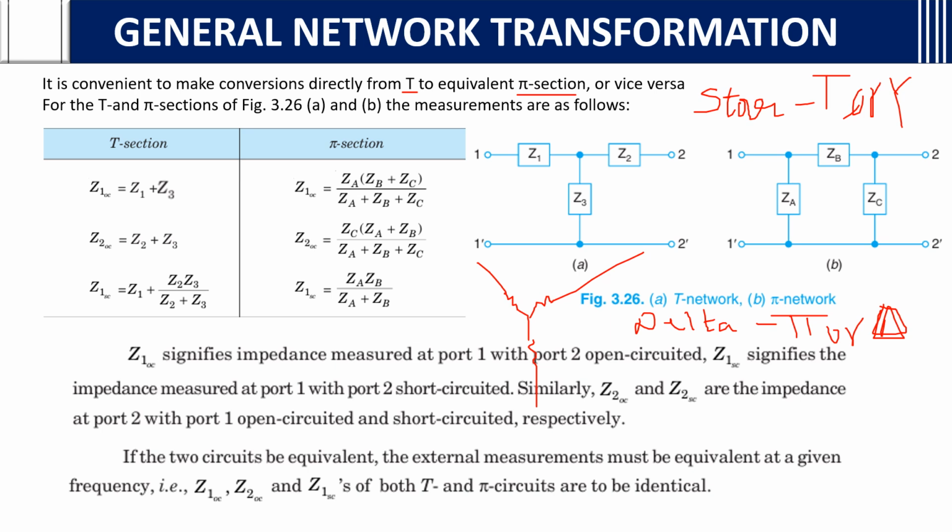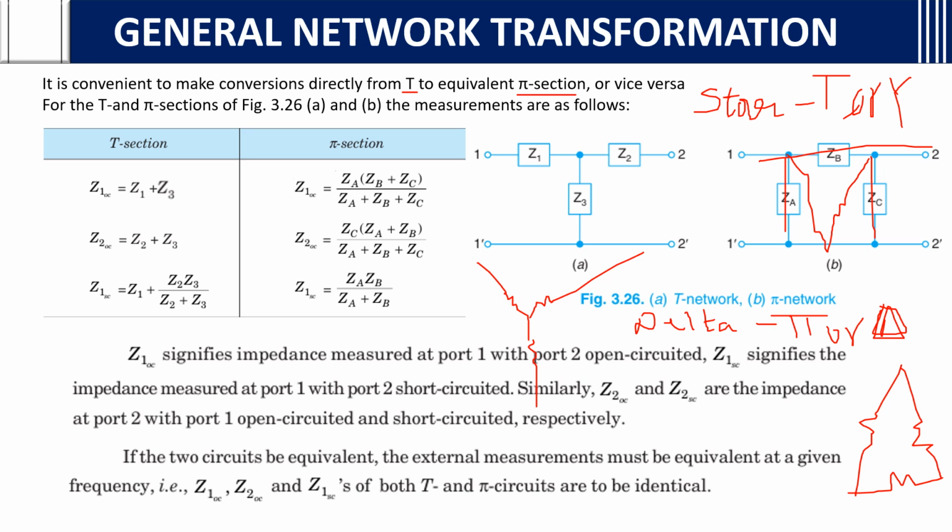While delta, here it looks like pi. See, it looks like pi, no? So it is called pi network, or it is known as delta network. Why? Because if you make the arrangement in this way, this is also a delta network. Like this, the base is the same and this becomes like this. So it is also called delta network.